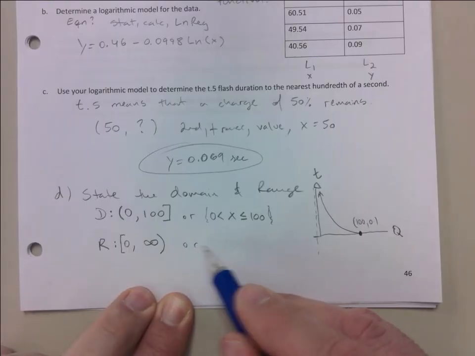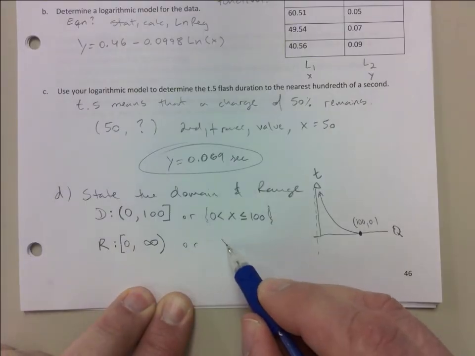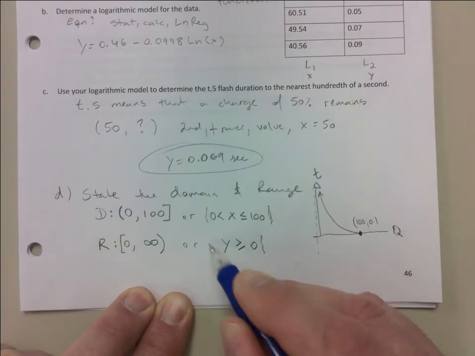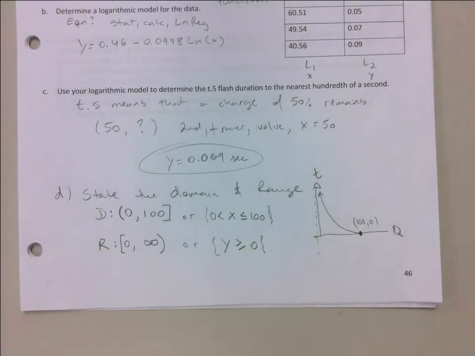Or when it comes to range, y is greater than or equal to 0. Okay, so this one is probably the trickiest one to come up with a domain and range.